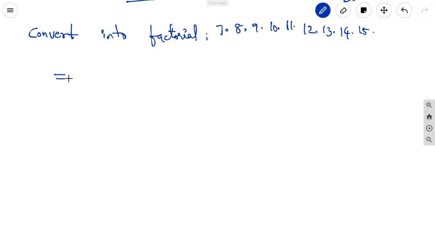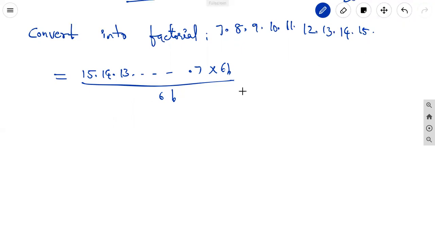It can be written as 15 × 14 × 13 and so on, up to 7 × 6!, divided by 6!. Then 6! means 6×5×4×3×2, and in the denominator also 6×5×4×3×2.